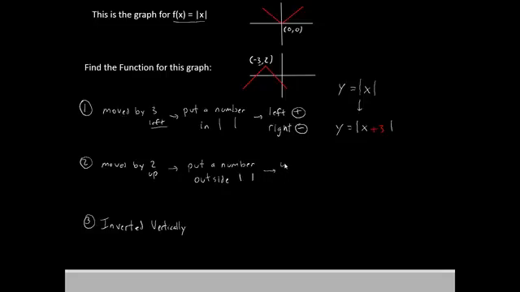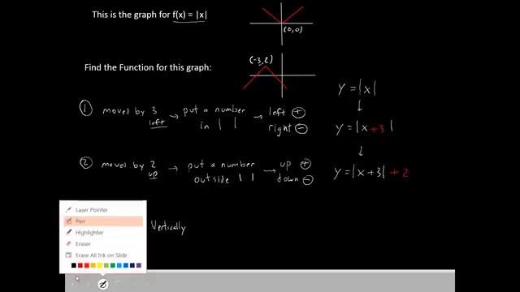Now if our goal is to move it up, the number should be positive, and if our goal is to move it down, the number should be negative. Well, our goal is to move it up by 2, so the number is positive, and the number we use is 2. So our new function is y equals absolute value of x plus 3 still inside the pipes, and now we're going to put on a +2 outside.